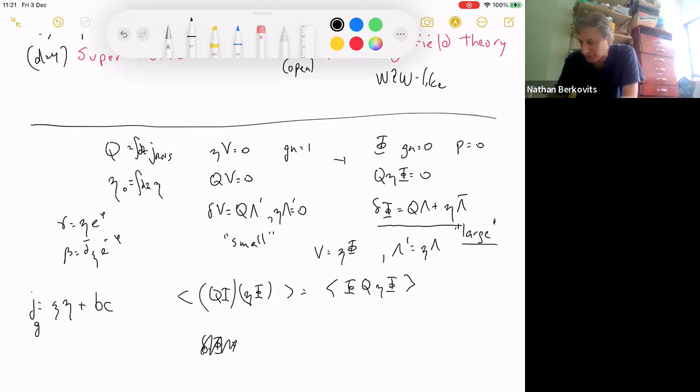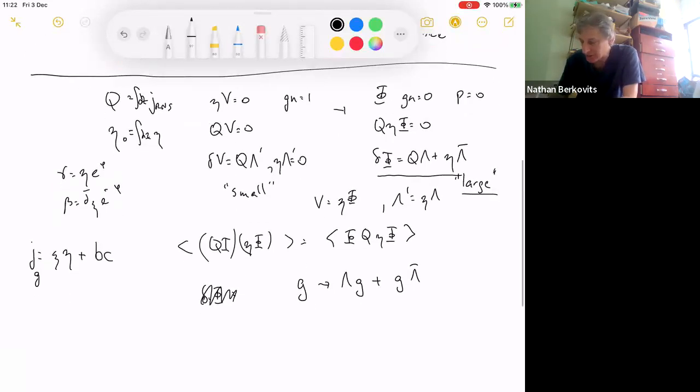So just to remind you of Wess-Zumino-Witten: you have a matrix G, which takes values on the world sheet. And the gauge transformations are of this type: G goes to lambda G plus G lambda bar, where lambda is holomorphic and lambda bar is anti-holomorphic. And then the action is of the form d squared z, and then there's another term you have to write, which is something like dt d squared z.